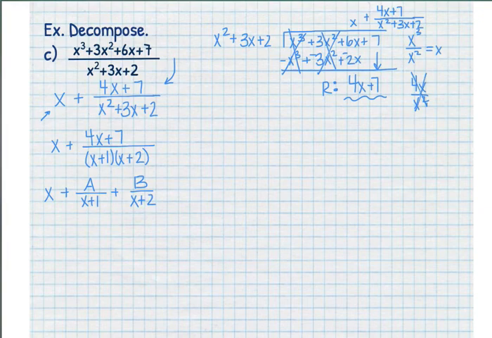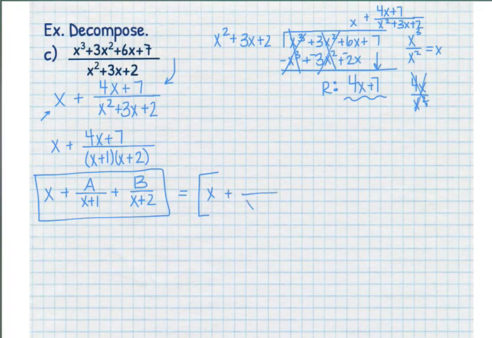But notice I still have that x plus, right? Once I find A and B, that will be my answer. Okay? So here in just a minute, we'll have x plus, that will be our answer. We'll look at that in just a minute.